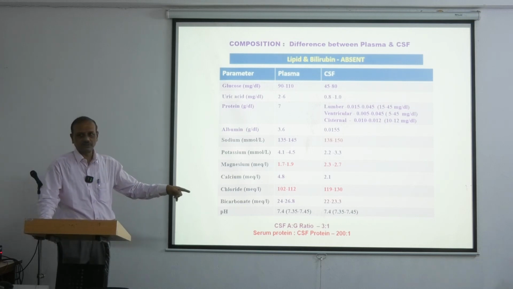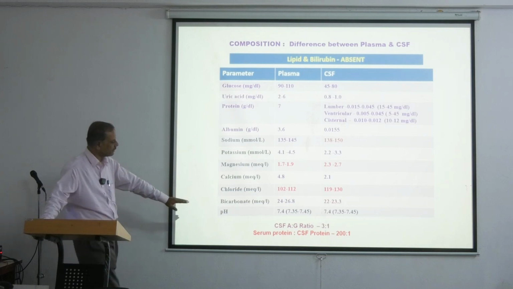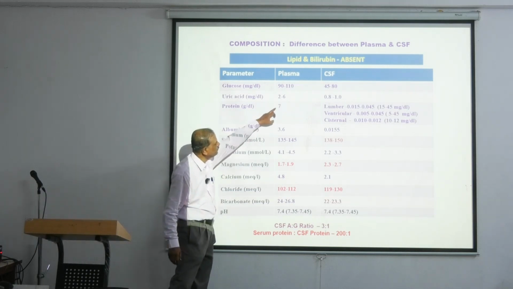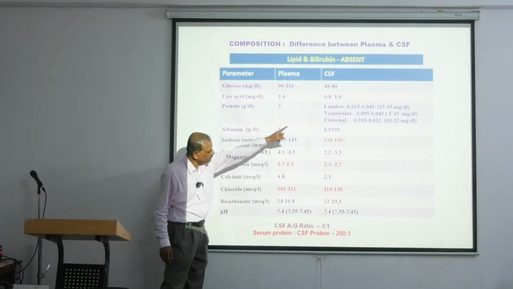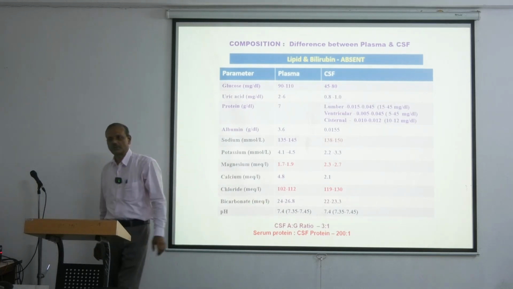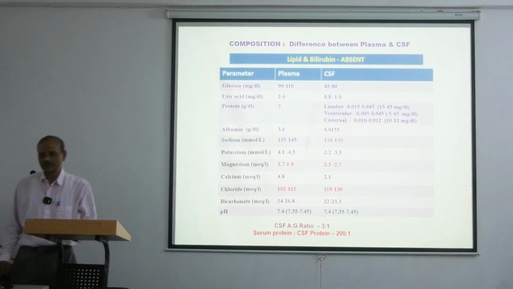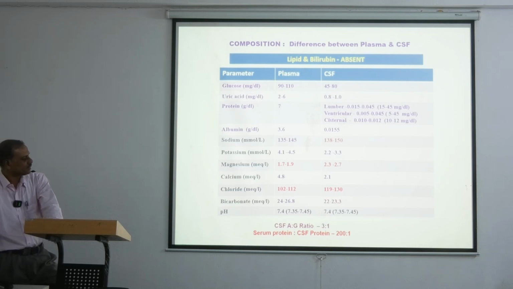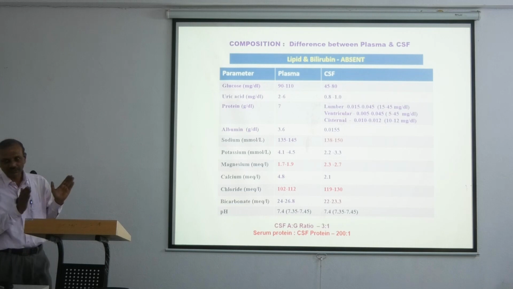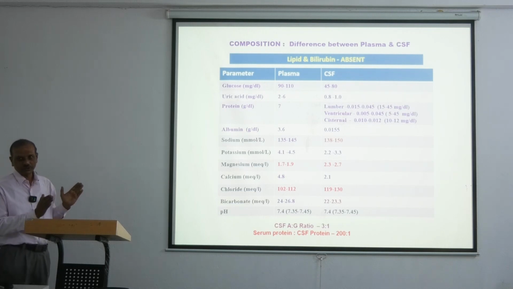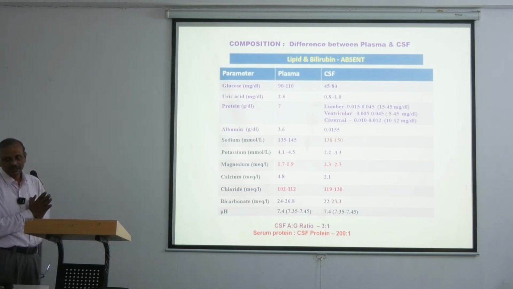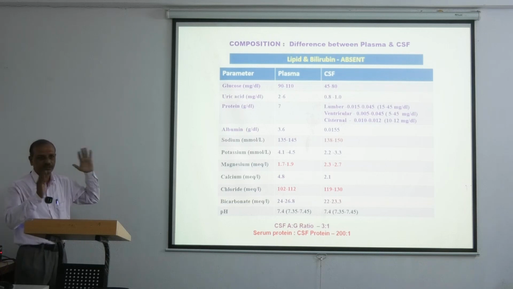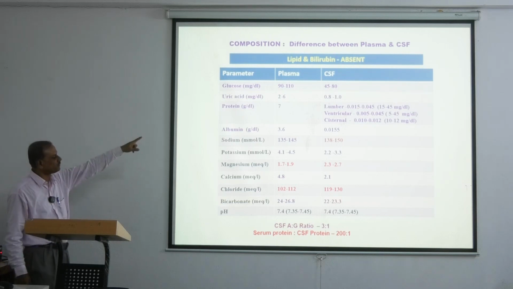Serum protein versus CSF protein, the gradient is about 200 times more. So plasma protein concentration is 200 times higher than that of CSF concentration. So these glucose and protein are diagnostically important. You must remember these two values.